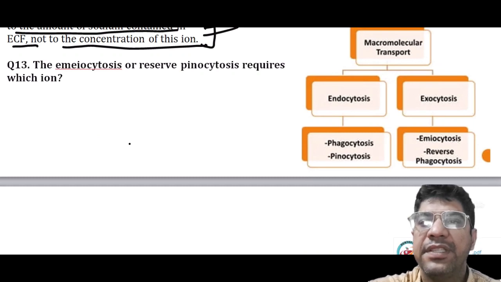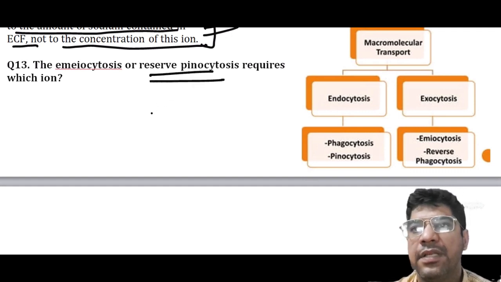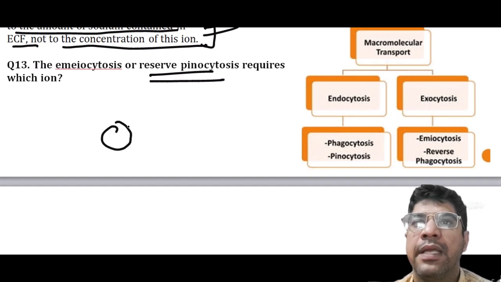The immunocytosis or reverse pinocytosis requires calcium. So reverse pinocytosis, what do we mean by that? Let us understand this. Imagine a cell that has something inside a tiny bubble or vesicle and it wants to get out.